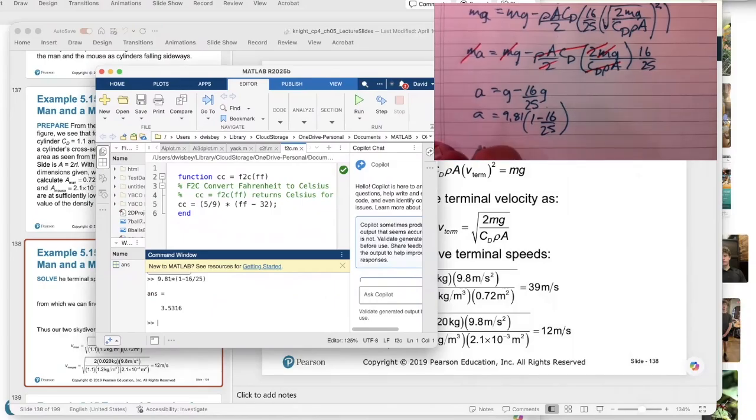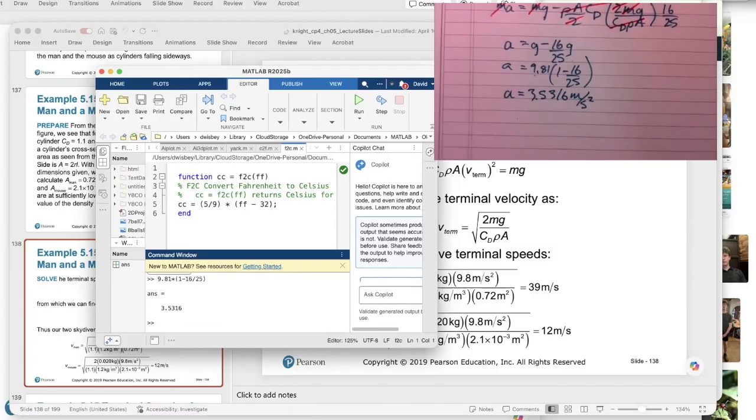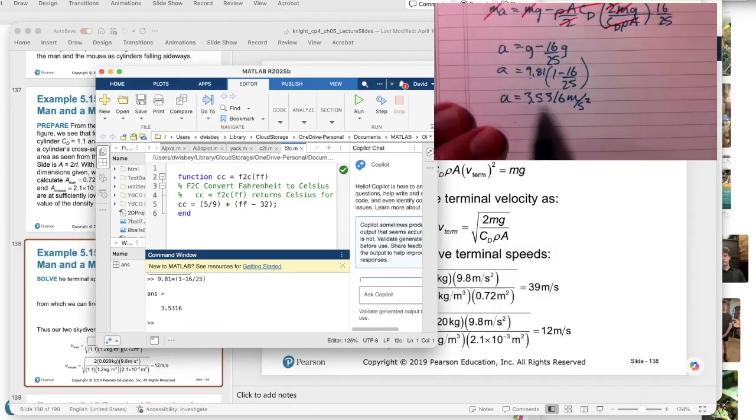Okay, so we ended up with a equals 3.5316 meters per second squared. That's my units from there. And then I'm going to round it off to 3.5. So acceleration equals 3.5 meters per second squared.